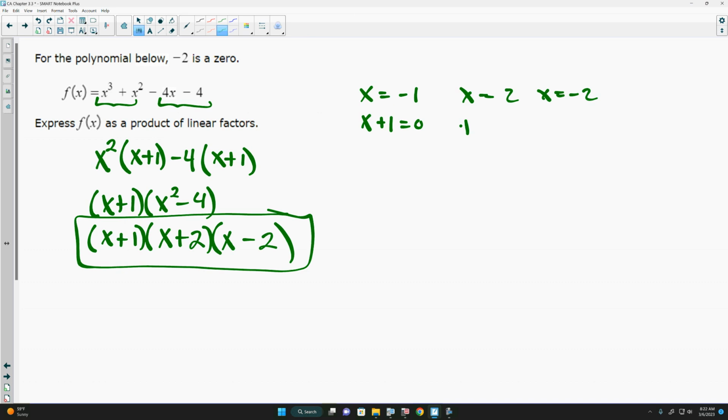Add 1 to both sides. Subtract 2 from both sides, add 2. Kind of like we did previously, would have gotten us to the same answer. Does that make sense?